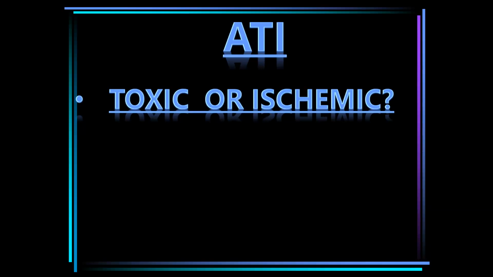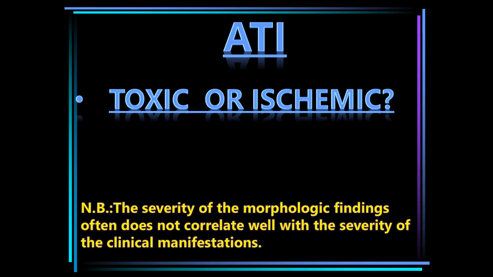It depends mainly on the history of this patient and the circumstances that resulted in this acute tubular injury. But in simple words, the patient who has toxic or ischemic tubular necrosis can be differentiated, as we are going to see in the coming slide.